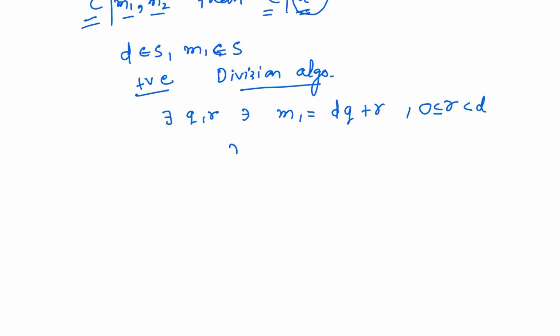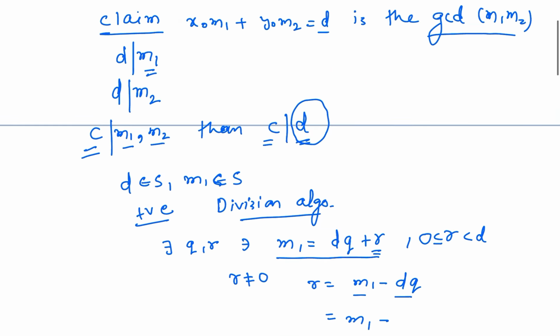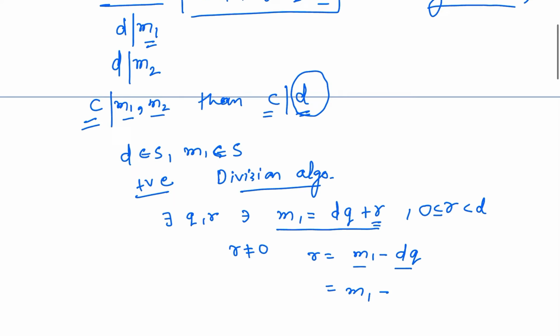Let us consider that R is not equal to 0. Then R is equal to M1 minus D into Q. From here we can write R is equal to M1 minus D into Q, and D can be written as x naught M1 plus y naught M2.